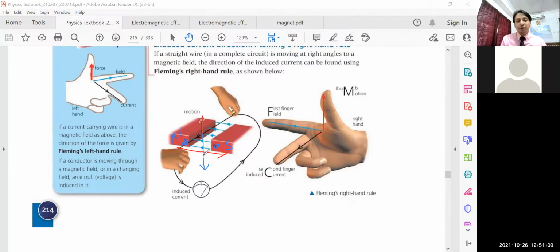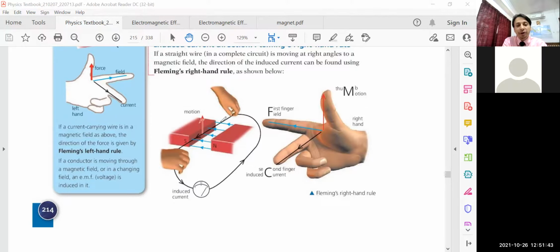If it is pointing towards me, then what happens? Still the same. The current in the coil here is again pointing towards me. So last time I think I have explained, if you change both the factors, then there will not be any change in the direction of current. But if you change any one factor, either direction of magnetic field or motion, then current gets reversed.